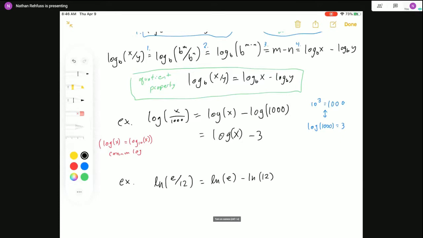And as a matter of fact, I can go one step further. Natural log is the same as log base e, and I know that log base e of e is 1, because e to the first power is e. So natural log of e divided by 12 is the same as 1 minus the natural log of 12. That could be handy.